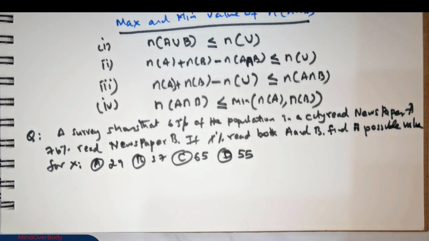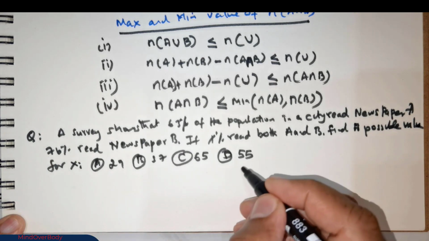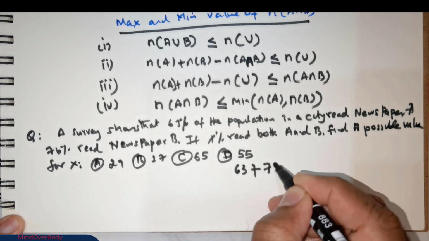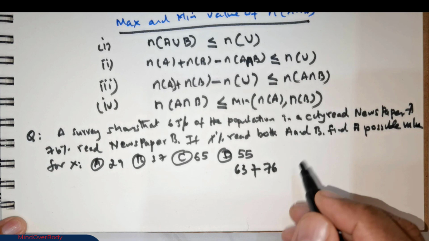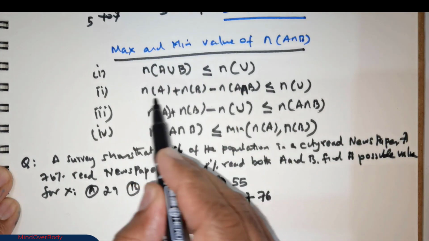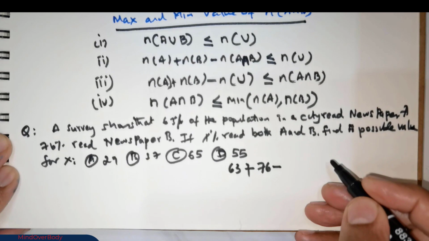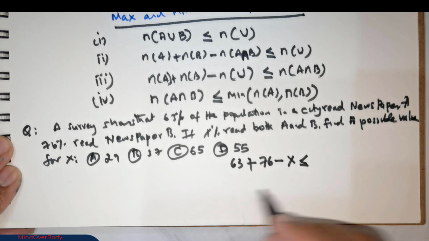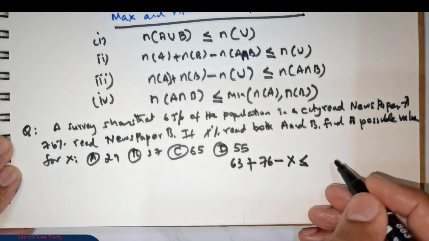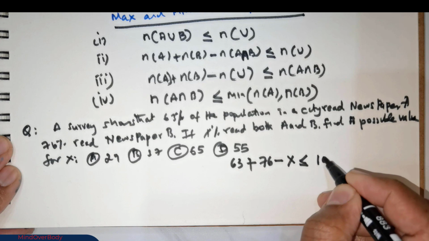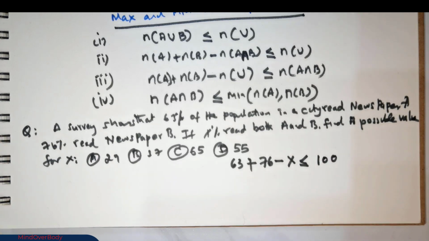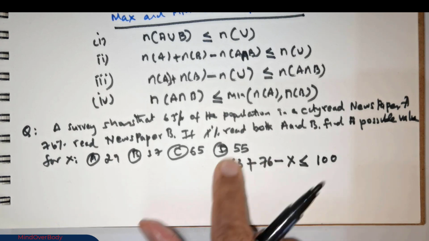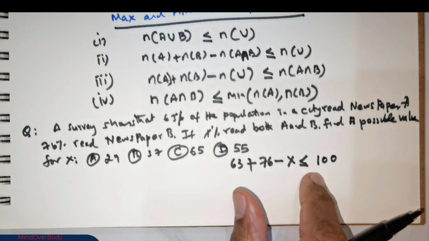Now 63%, 76%. So let us just add them, 63%, 76%, and from that, actually we are using this formula, we have to take away X. Clearly that is going to be less than or equal to, now whenever we are talking about percentage, we have to use 100, right? This is 63% and this is 76%. From that we are taking away X percentage, and that's going to be less than or equal to 100.